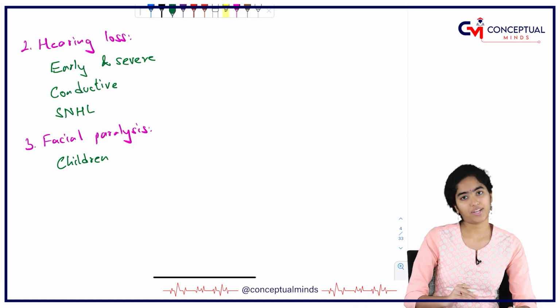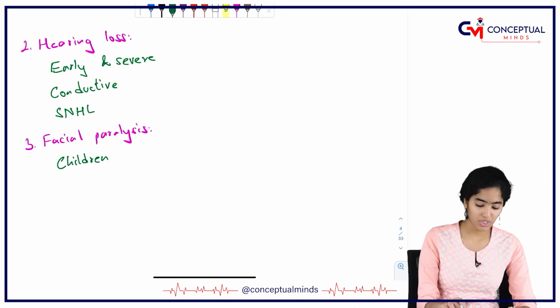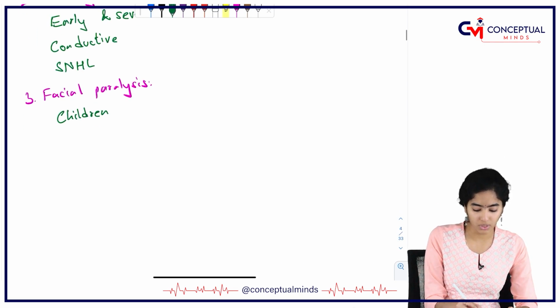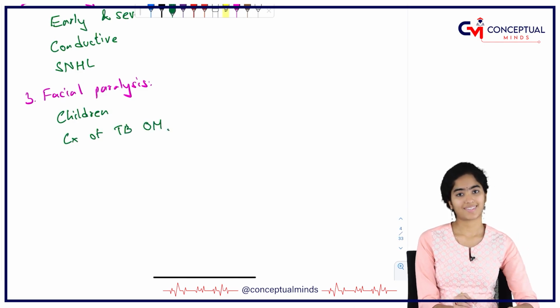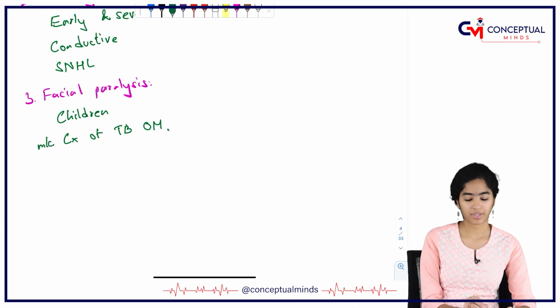So directly facial paralysis occurs and that is when the child presents. Facial paralysis is a very common complication of TB otitis media. It is not something rare, it is in fact the most common complication.